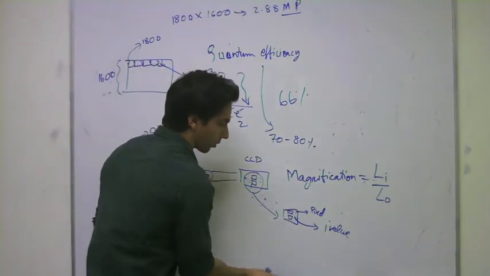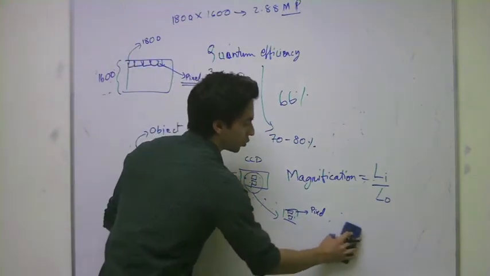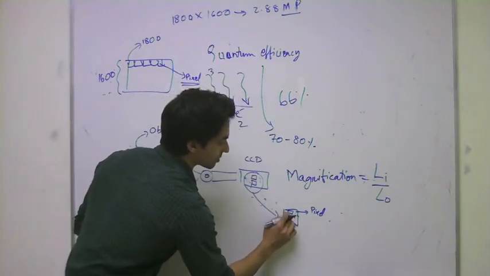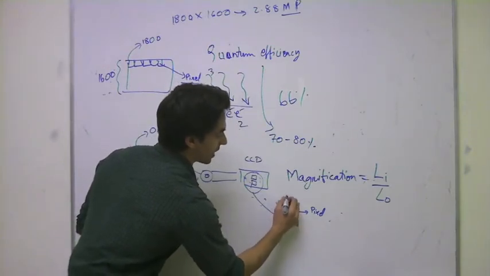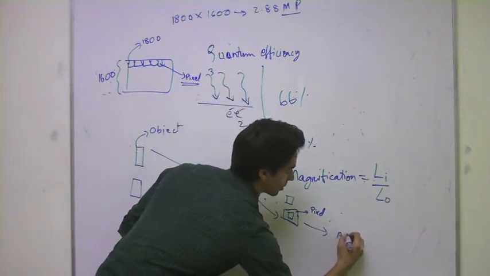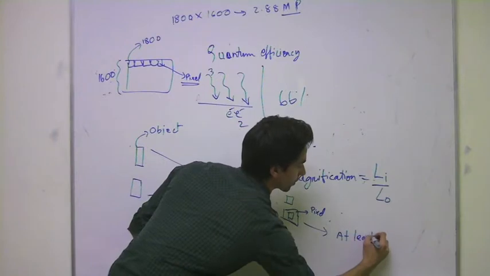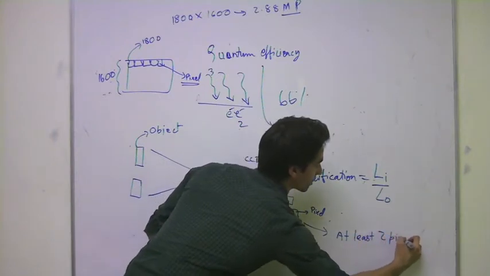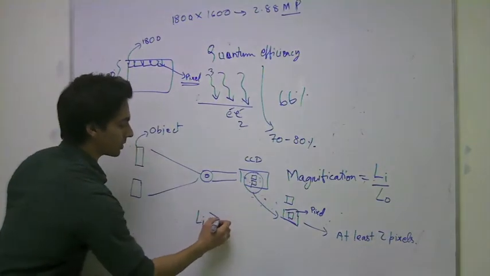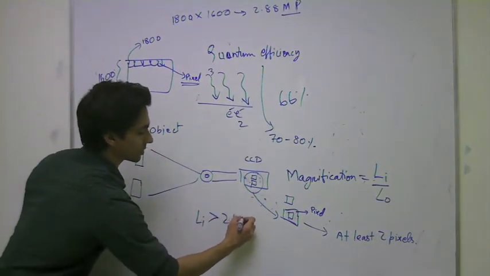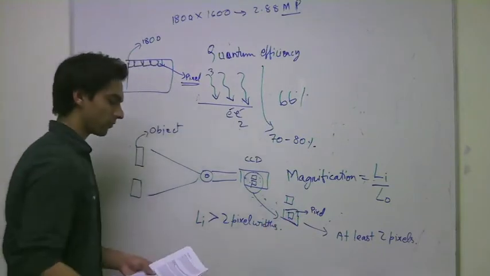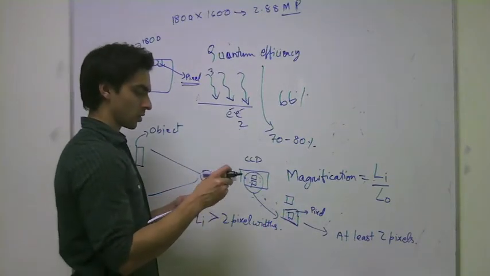So in order for the 2 images to be resolved, we must have the distance between them be at least 2 pixels. Okay? Therefore, this means that the length of the image must be greater than at least 2 pixel widths in order for it to be resolved.